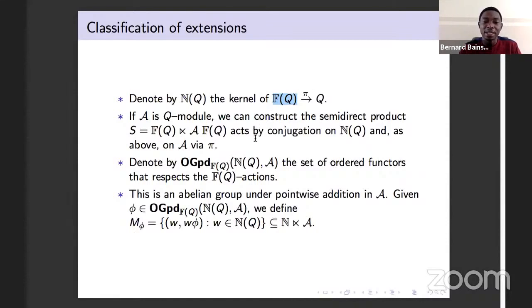So we can look at morphisms from NQ into A that will respect the FQ action. And we form these sets, M phi, where phi is an ordered functor from NQ into A that respects the FQ action.